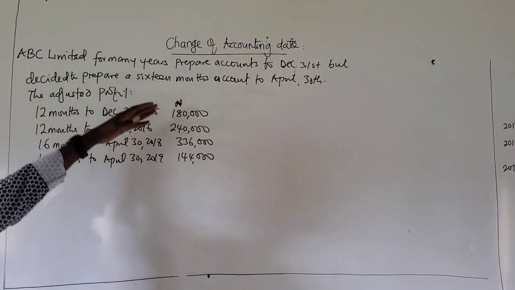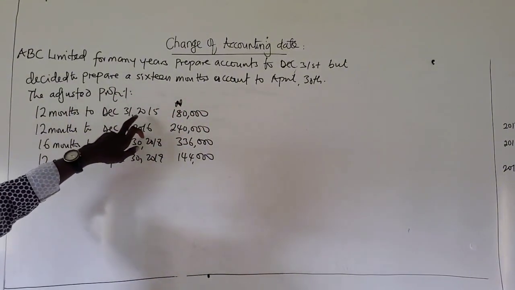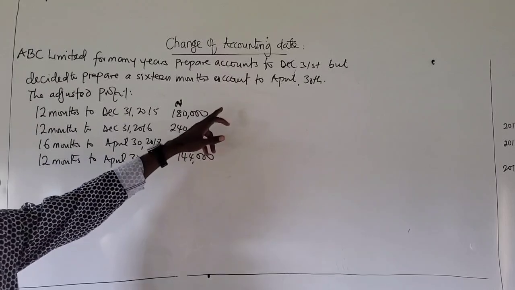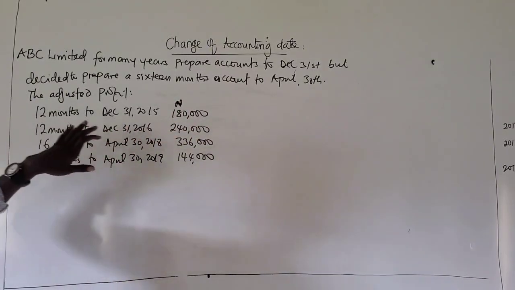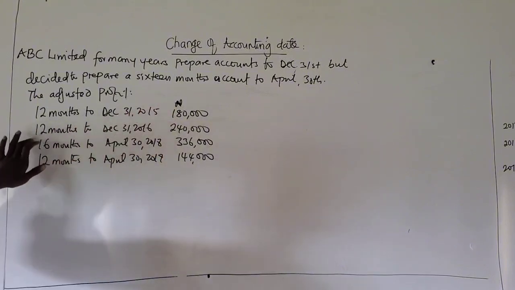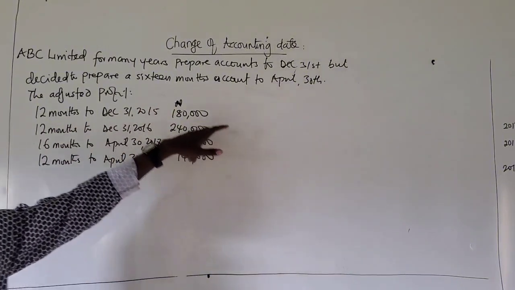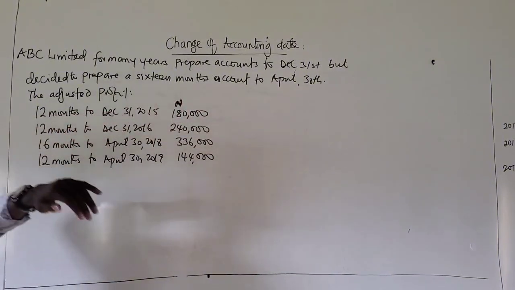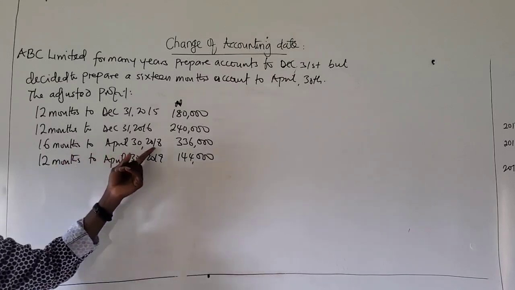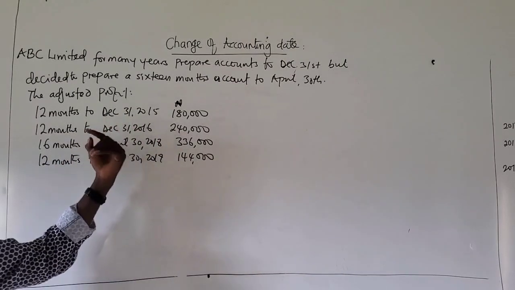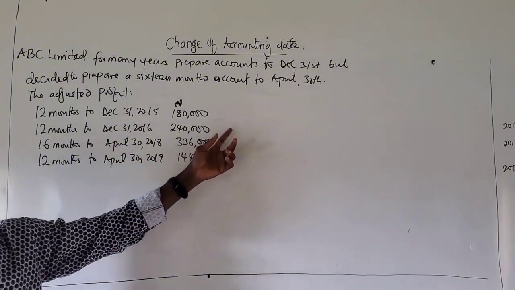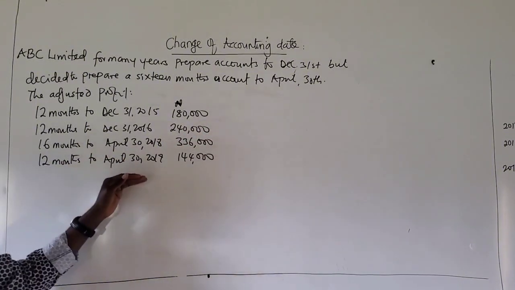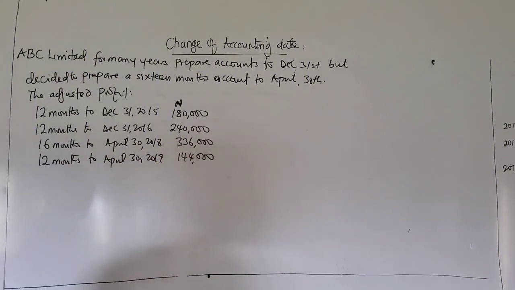The adjusted profits are as follows. 12 months to December 31st, 2015, the adjusted profit is 180,000. 12 months to December 31st, 2016, 240,000. 16 months to April 30th, 2018, and they've changed from December 31st to April, 336,000. 12 months to April 30th, 2019, 144,000.